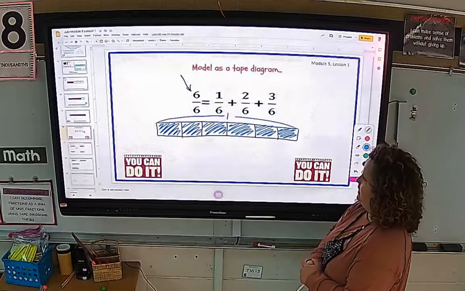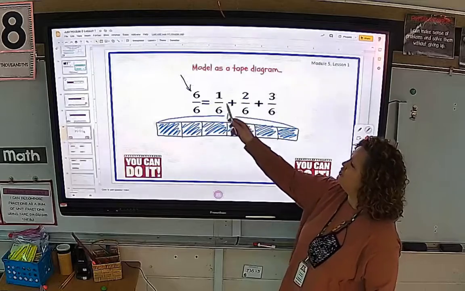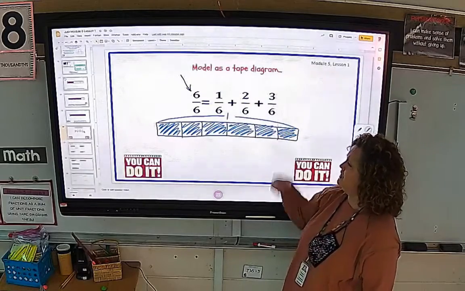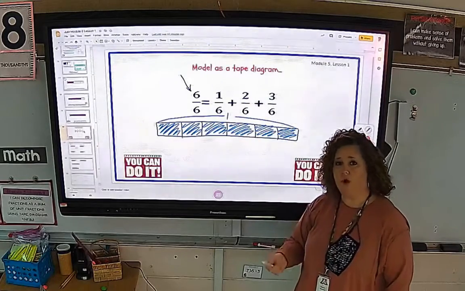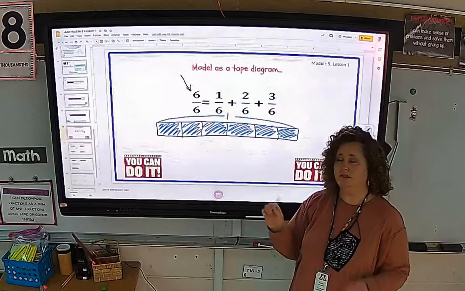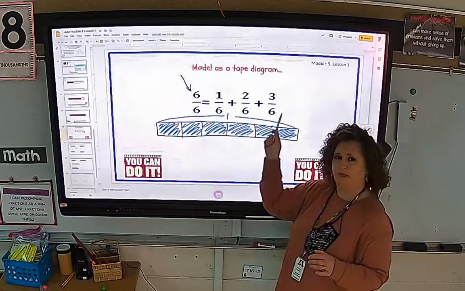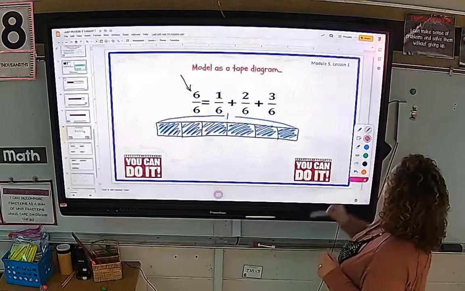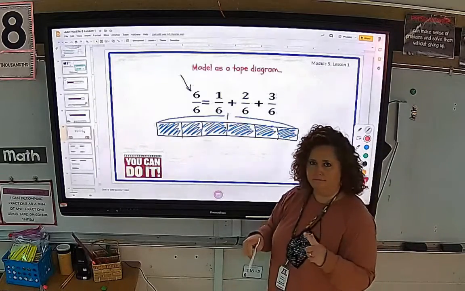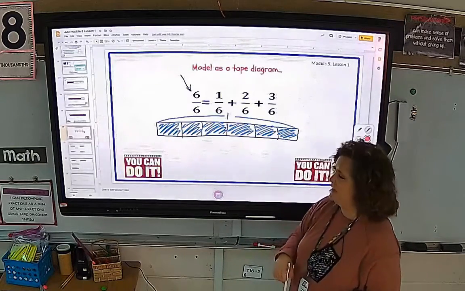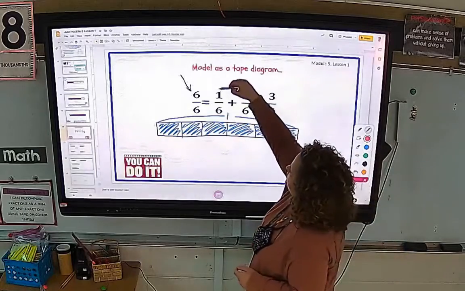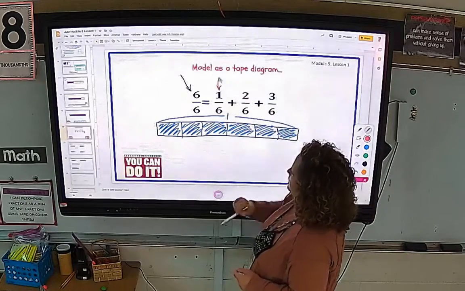Okay, now, how are we going to show 1/6 plus 2/6 plus 3/6? We're going to draw the brackets on the bottom to cut this into these smaller pieces, just like our book had for us to see at the beginning. So I'm going to show this 1/6.